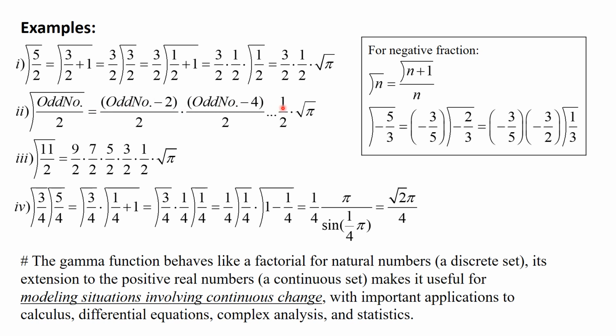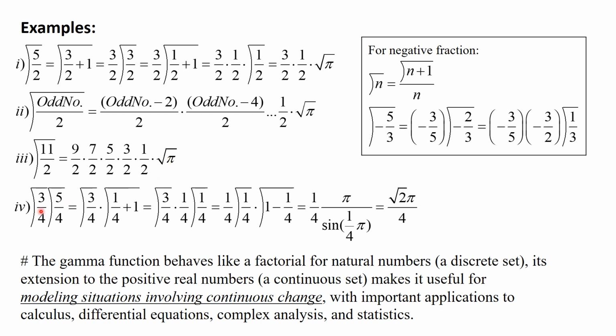The value reaches 1 with divided by 2 as factor, and the last expression comes out as gamma of 1 by 2, that is root pi. So we can calculate for any odd number divided by 2. So gamma of 11 by 2 starts from 9 by 2 into 7 by 2 into 5 by 2 into 3 by 2 into 1 by 2 into root pi.